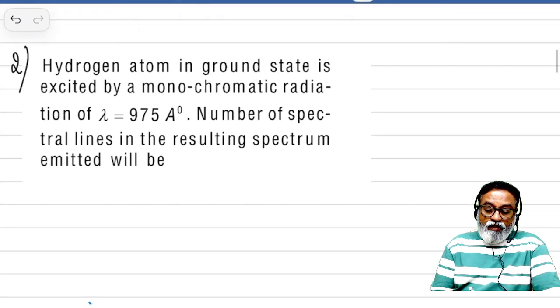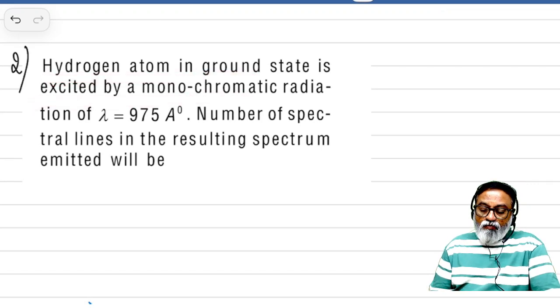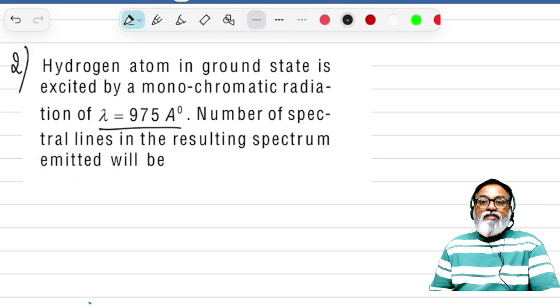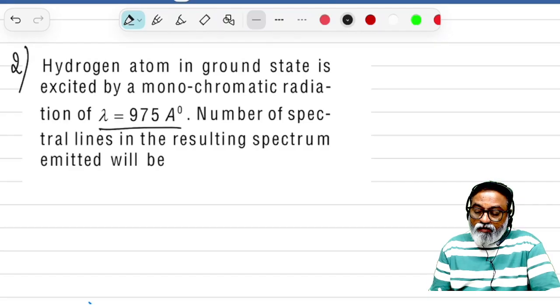Second one. Hydrogen atom in ground state excited by monochromatic radiation of lambda 975 angstroms. Number of spectral lines in the resulting spectrum emitted will be? First, we have to find out for this wavelength what is the energy of photon.